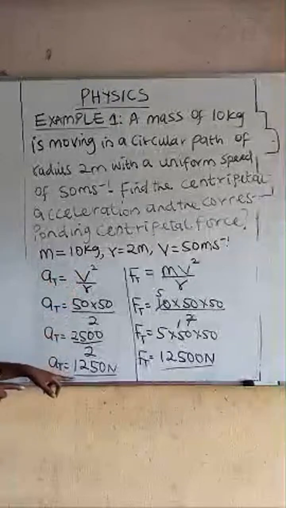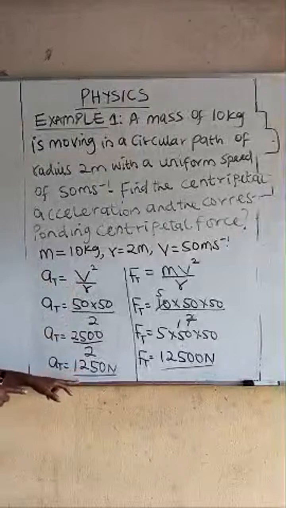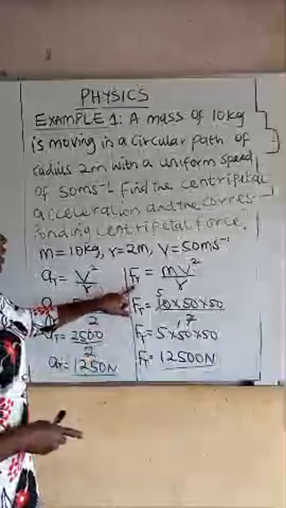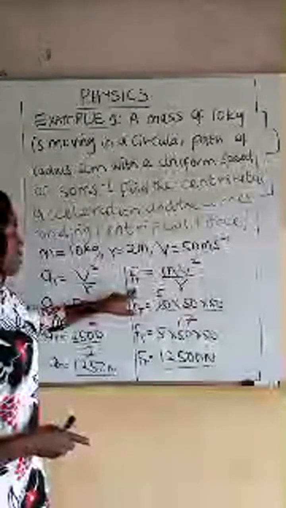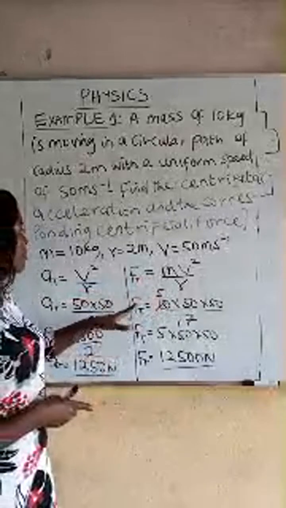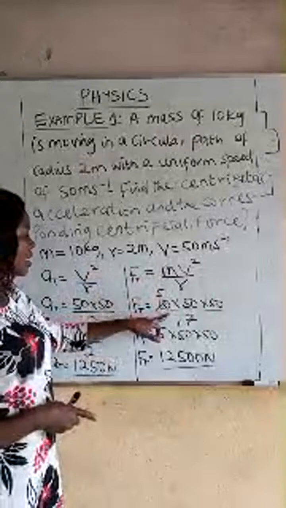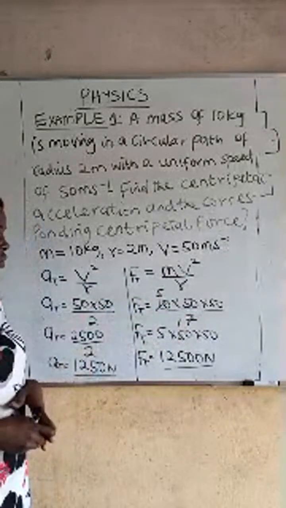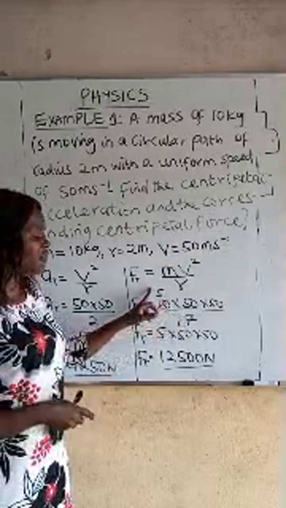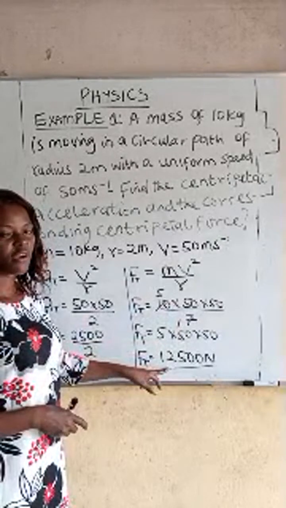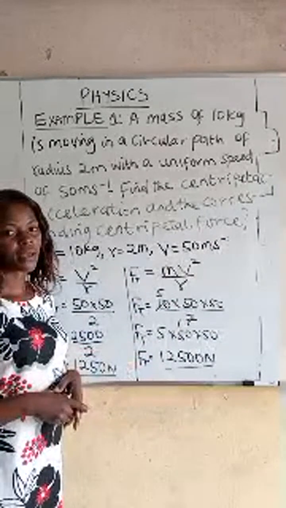I will substitute and get my answer. Is that okay? Now, for my centripetal force, the formula is mv squared over r. My mass is 10 multiplied by the velocity squared divided by the radius. I will divide this to get 5. When I multiply all through, I have 12,500 Newton. Is that clear? All right.